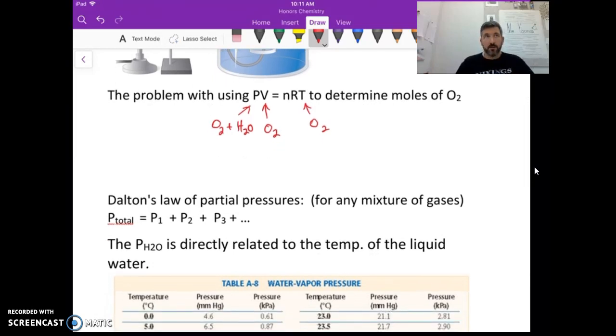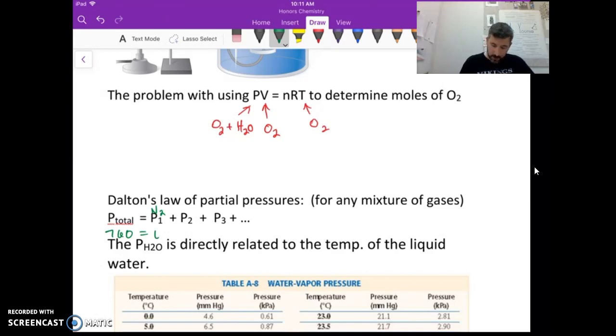So if I'm talking about the total pressure in the room, and let's say the pressure is, we'll just use mmHg, 760 mmHg. Well, that's going to be equal to the pressure due to nitrogen, which is going to be a big number because nitrogen makes up most of the gas in the room.